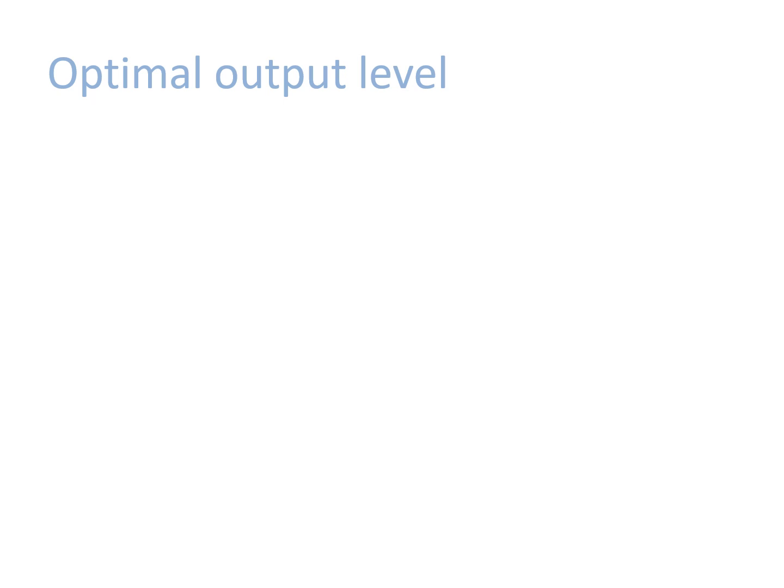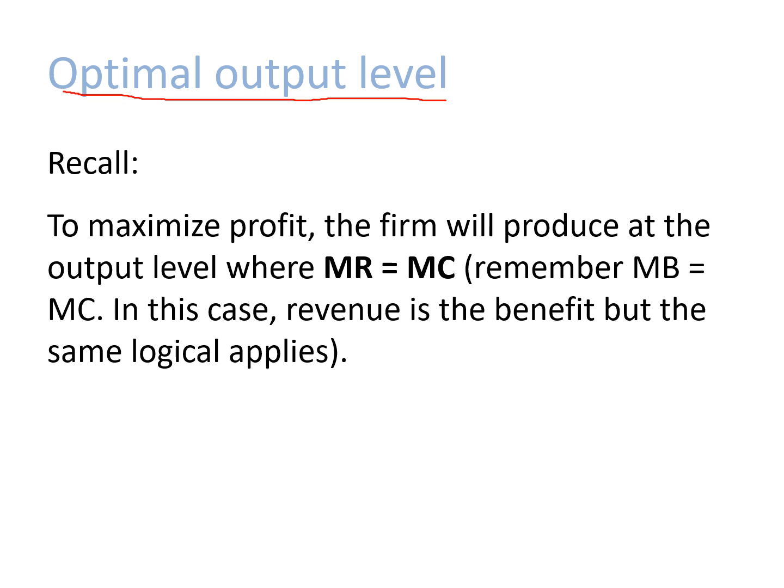Now we've also mentioned before that the best output level that an individual firm should operate at is where their marginal revenue is equal to their marginal costs. So if they have increasing marginal costs, that means that their costs go up with their output, then they should produce more and more until the cost of the next unit is as big as the revenue they gain from the next unit.